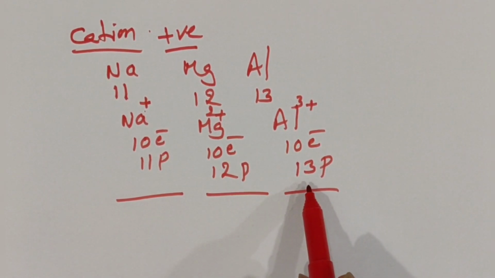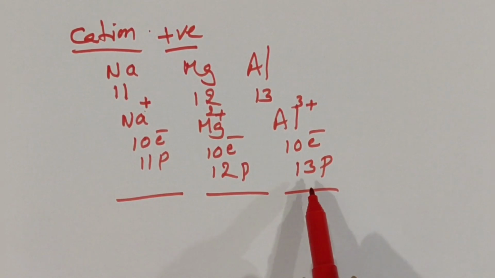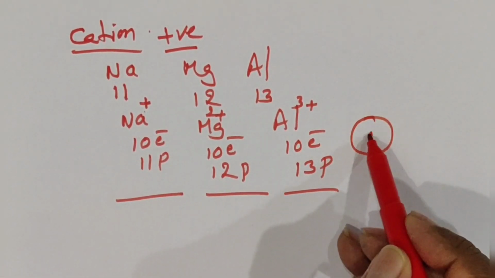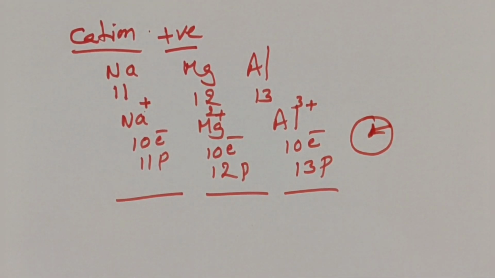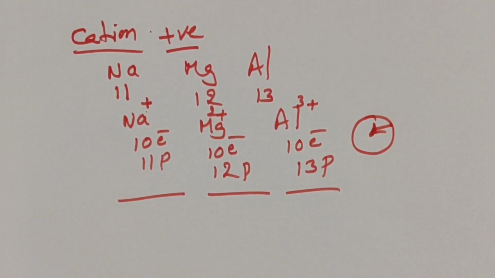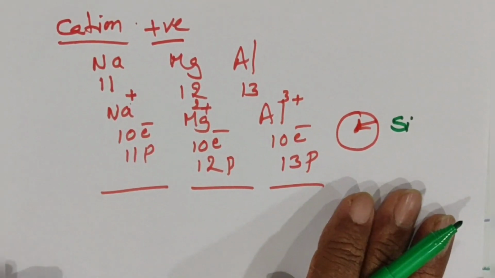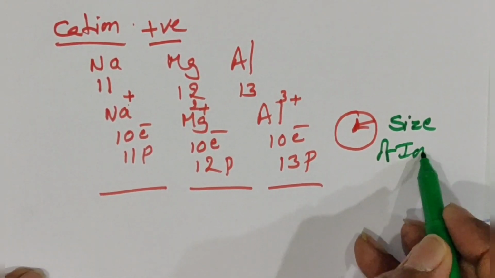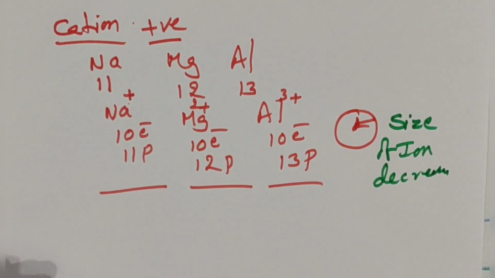As the number of protons increases, the nuclear charge or force of nuclear attraction increases. Then the valence shell comes closer to the nucleus, and the size of the ion decreases.